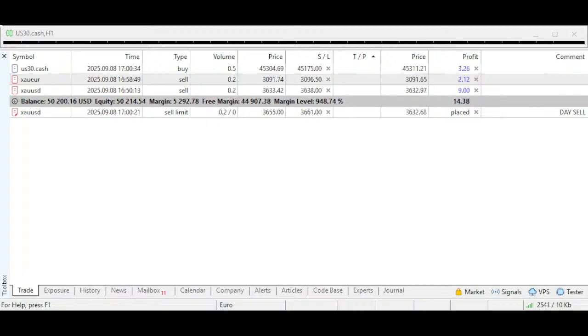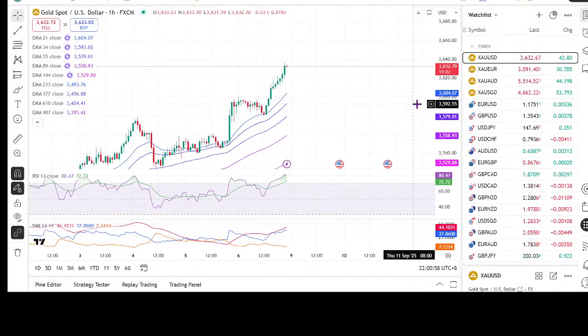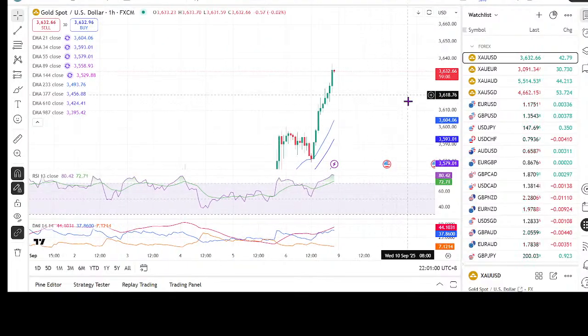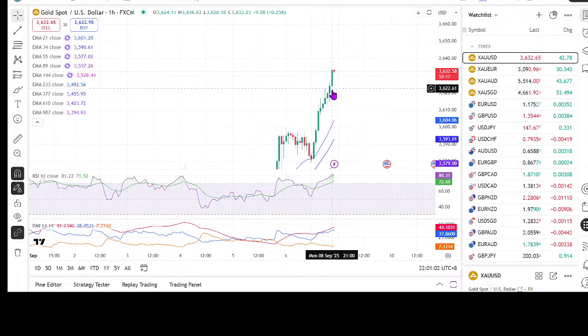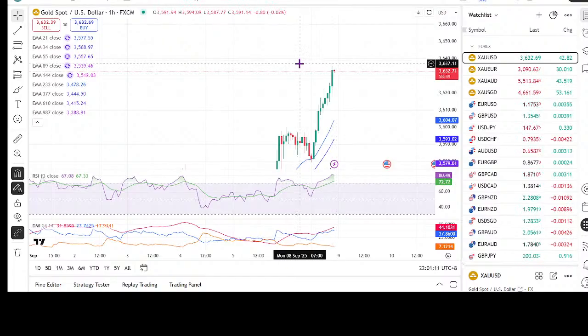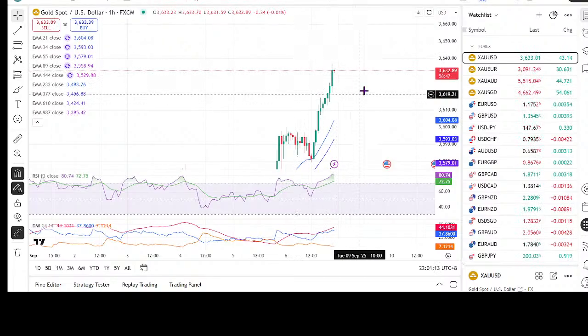Now I'll show you the chart. As I told you, if we are right, we should see the price coming down in the next 2 hours. If the price makes a new high, then we are wrong.